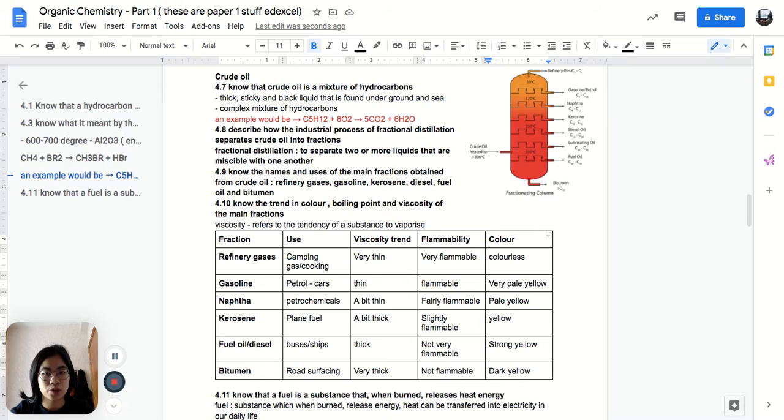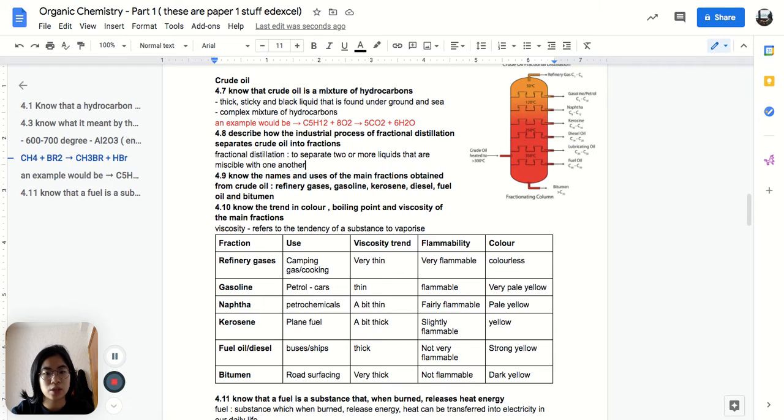4.8: describe how the industrial process of fractional distillation separates crude oil into fractions. They might ask you for the fractional distillation definition in an exam, but may not. Fractional distillation is used to separate two or more liquids that are miscible with one another.